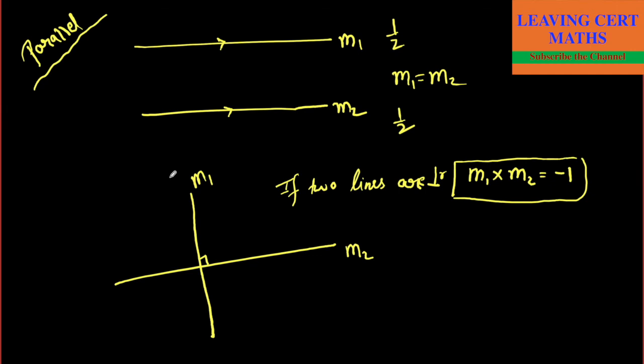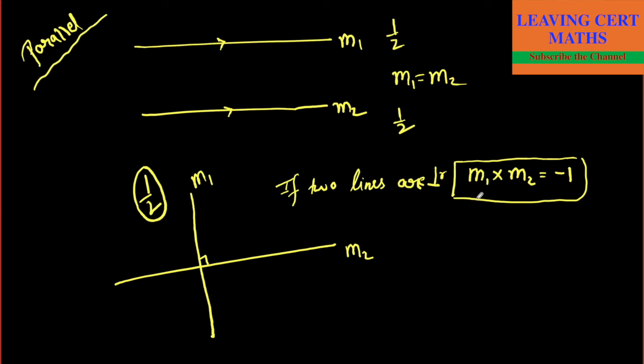Let's say the slope of the first one is half. In one of the questions I'm saying that the two lines are perpendicular and the slope of one of them is half. What is the slope of the other one? Then I will use this equation.